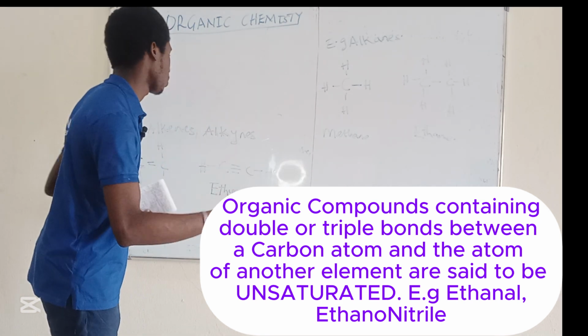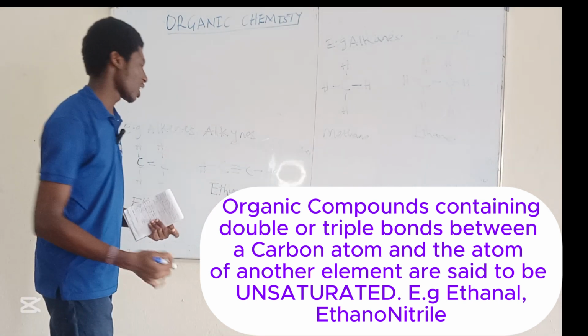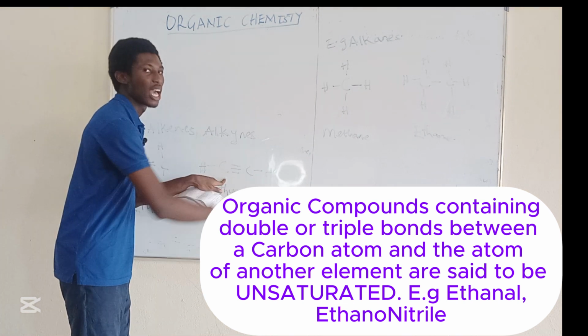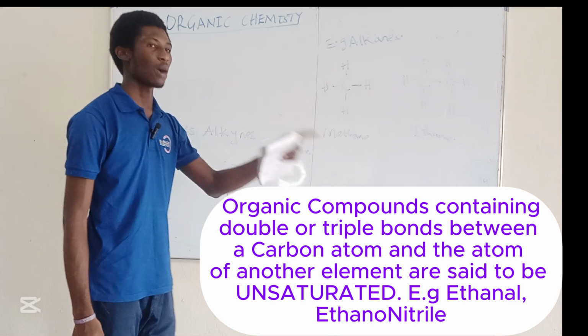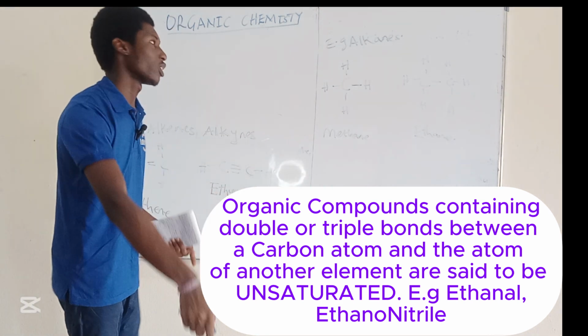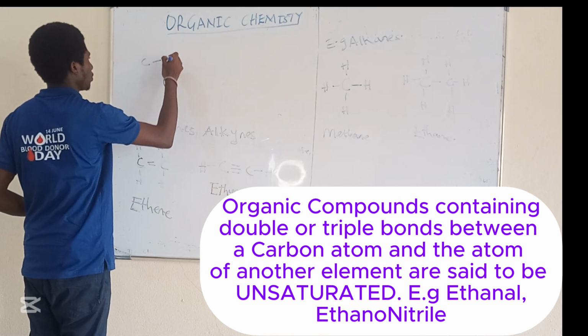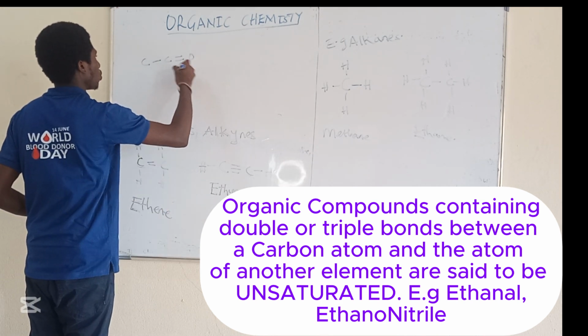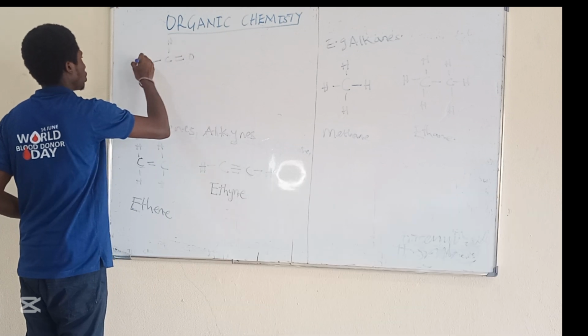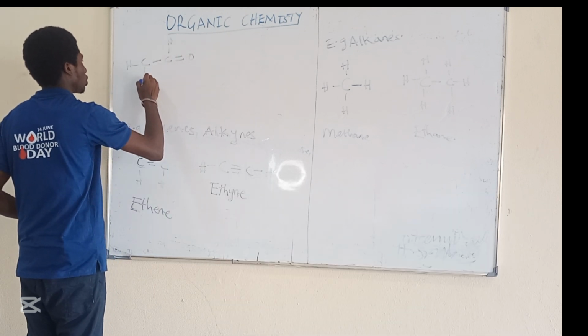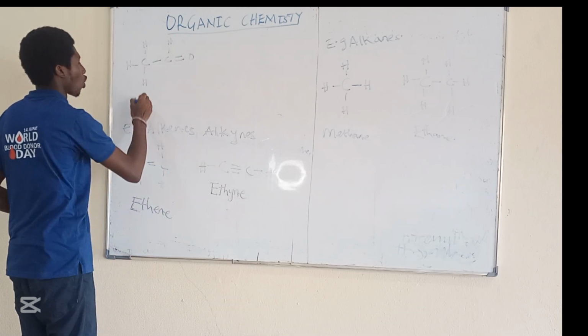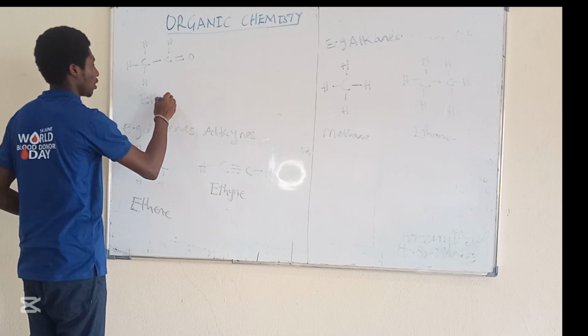Unsaturated organic compounds. So unsaturated means that the bond can be between two carbon atoms, and it can also be between a carbon atom and the atom of another element. For example, when we have this double bonded to O, and this is H, H, H. This is what we call ethanol.